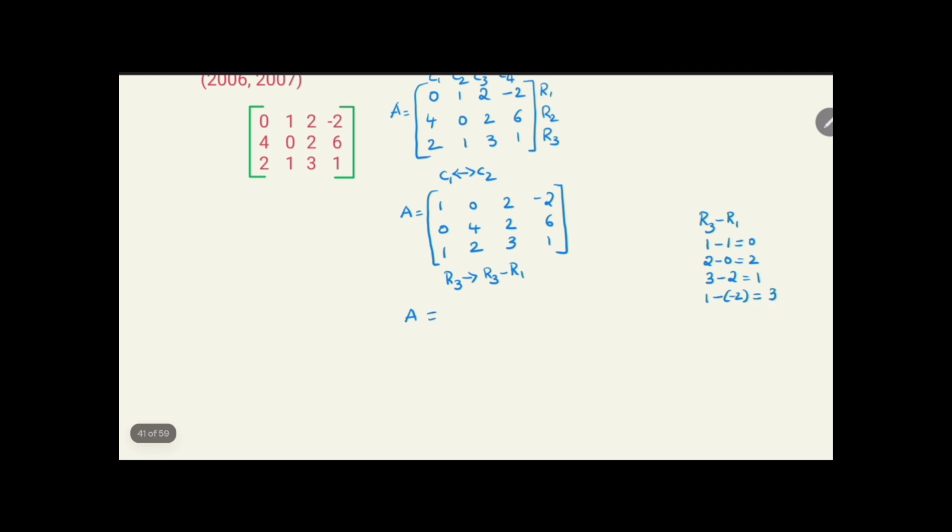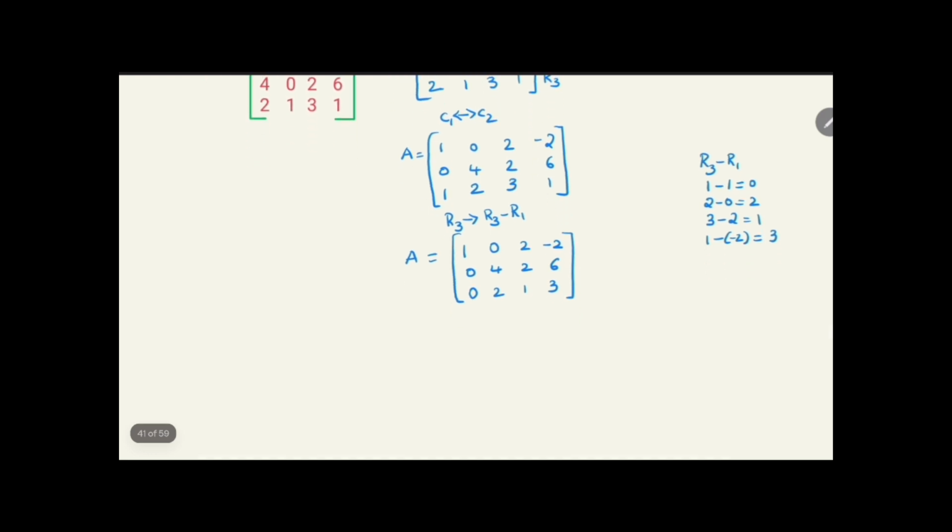So now we will replace the third row with the new elements. The first row and second row remain the same. 1 0 2 minus 2, 0 4 2 6, 0 2 1 3. This is the matrix that is obtained after this row operation.